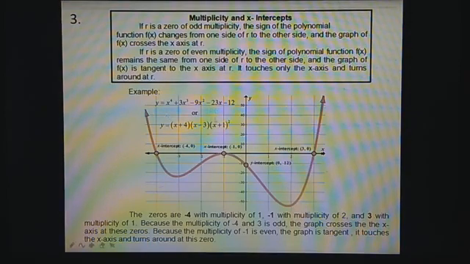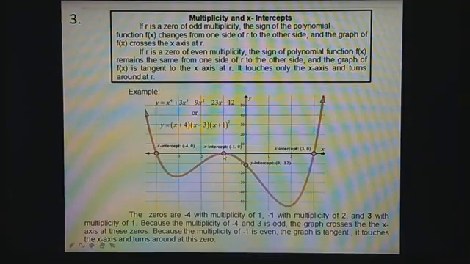Kasi ang exponent ng factor ay 2, that is even. So, yun ang nagdedetermine ng multiplicity ha, yung positive 2. So, this is even multiplicity. So, your zero, negative 1, or x-intercept negative 1 is a zero of even multiplicity. So, hindi dapat magko-cross dun sa negative 1.